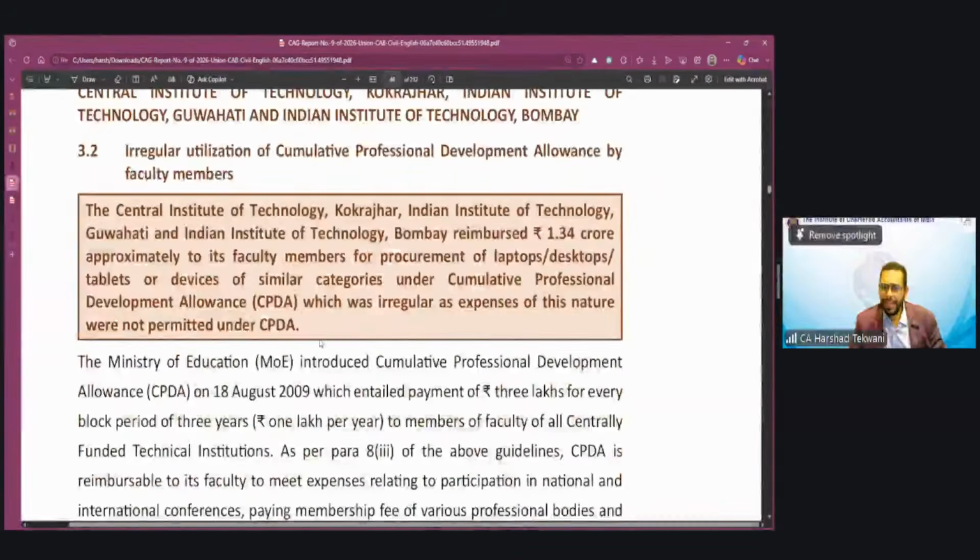Manish, are you talking about this one point? Are you talking about this point? See, when I talk about compliance audits, that means intra vires or ultra vires, that means within the permission of the law or outside the permission of the law.